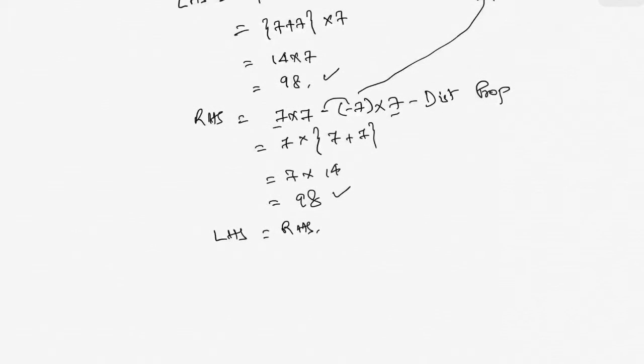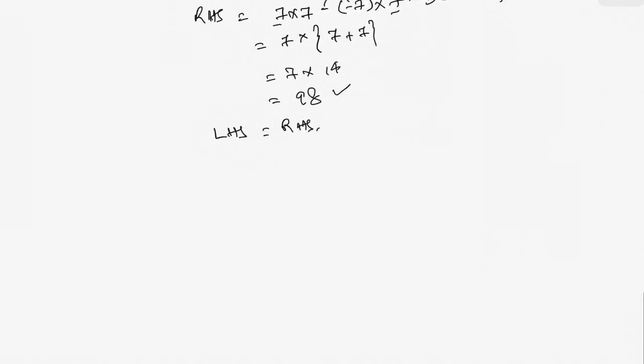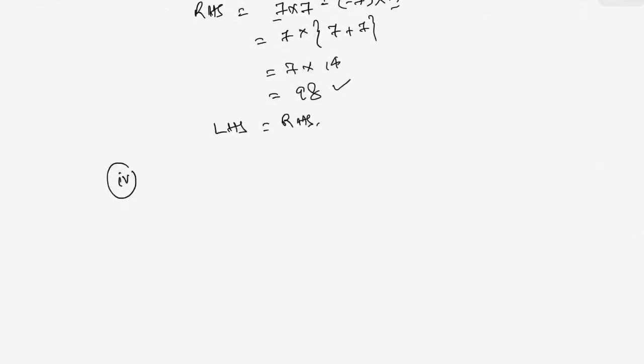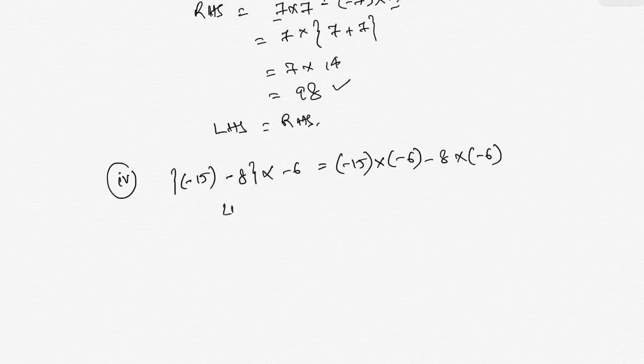Now we are going to see the next problem. That is the fourth one. This is minus 15 minus 8 minus 6 is equal to minus 15 into minus 6 minus 8 into minus 6. Let's take the left hand side. Minus 15 minus 8 into minus 6.